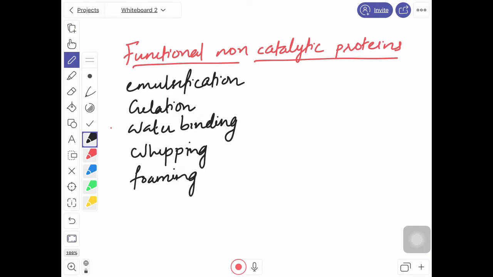See, these proteins are categorized as functional non-catalytic protein. Example is kappa casein.